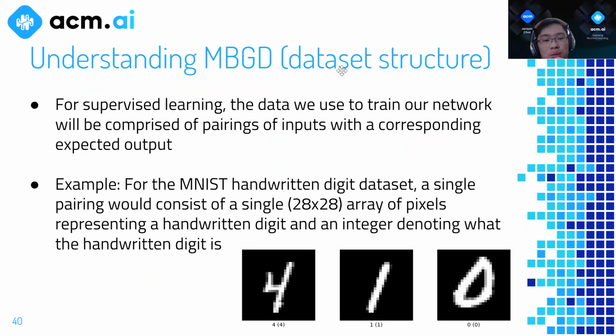A single input and output pairing in this dataset would be, input would be a single 28 by 28 array of pixels that represents a handwritten digit, and the Y value, which is the label, would be an integer that denotes what the handwritten digit actually is. Note that this data set is all in grayscale. So there are no different colored channels that we have to deal with. So that's always good.